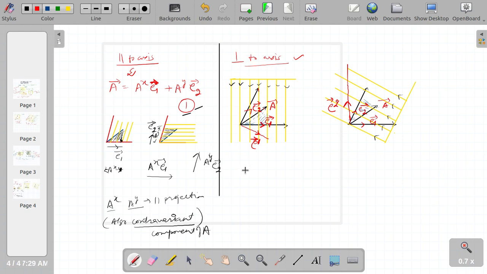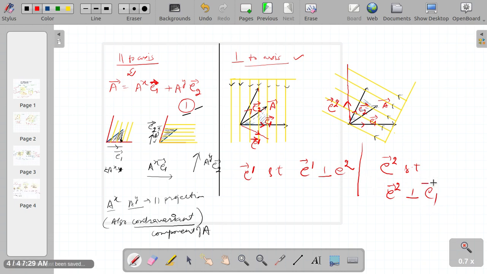So I have chosen E1 such that E1 is perpendicular to E2, and I have chosen E2 such that the E2 vector is perpendicular to E1.